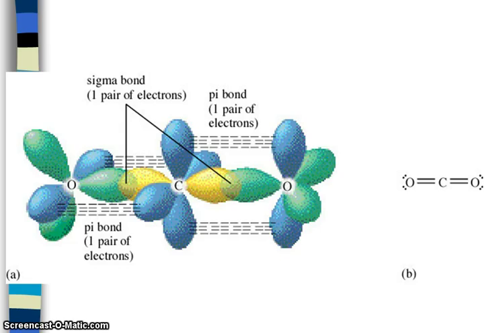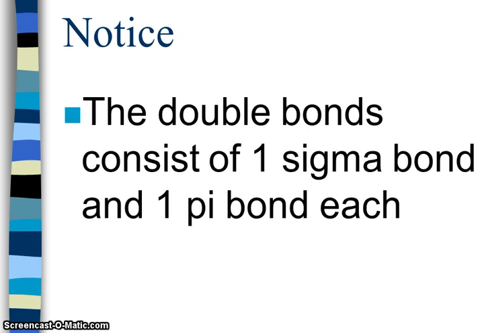Our carbon is going to be sp hybridized, with two sigma bonds to each of the oxygens. And then our unhybridized orbitals are going to lead to the double bonds between each of our oxygens and carbon. Notice that the double bond consists of one sigma bond and one pi bond. And that's our definition of what a double bond is.